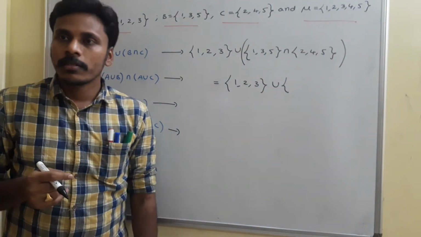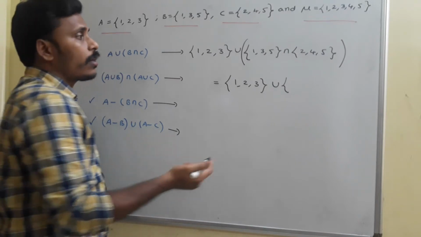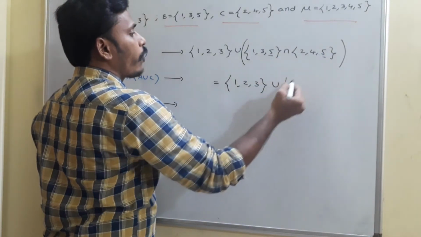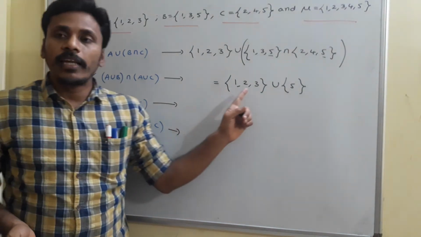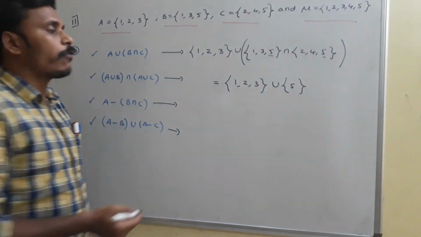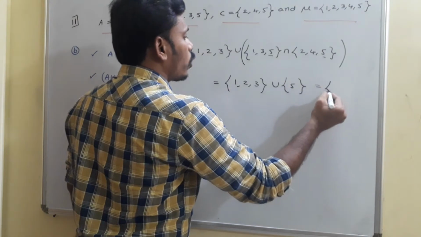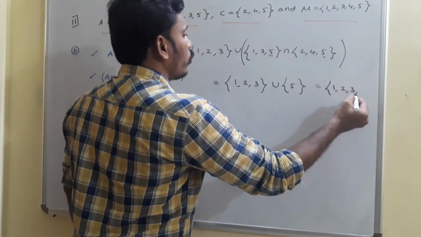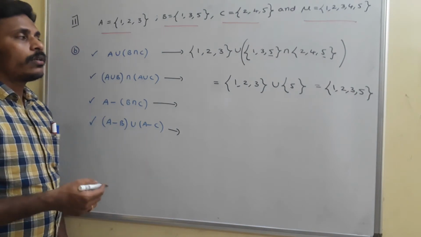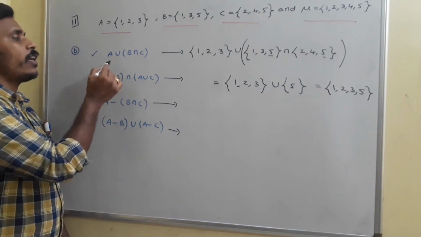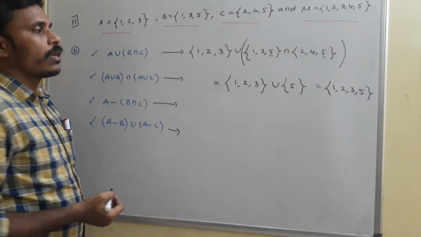Intersection means common elements which are in both of the sets, that is 5 here, so singleton {5}. And then set containing 1, 2, 3 union set containing 5, and if you simplify it, you will get {1, 2, 3, 5}. Is it clear?